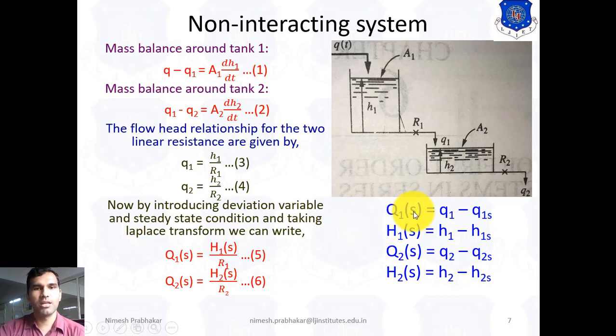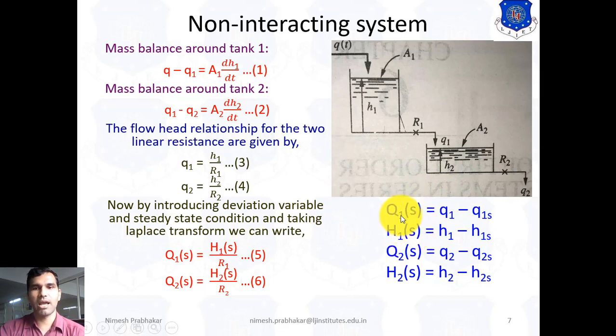First we define the steady state condition, then we define the deviation variable, and after that we take the Laplace transform. We know the procedure for the steady state value. Here Q1s indicates the steady state value of Q1, and the difference between Q1 and Q1s is the deviation variable, and after taking the Laplace transform we can write Q1(s).